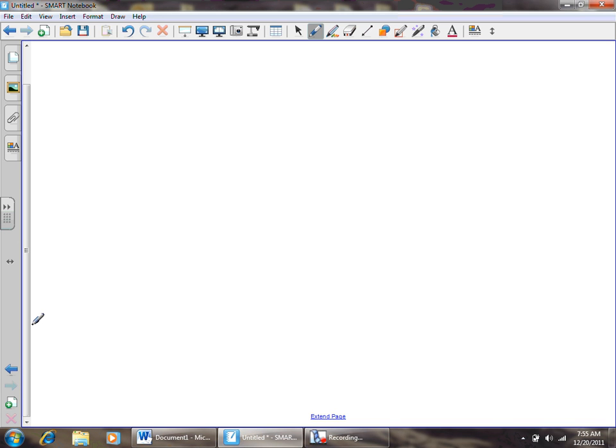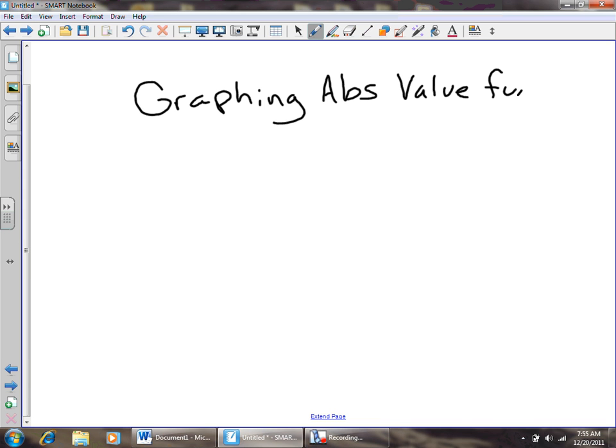All right, the last thing we need to work on is graphing absolute value functions, and that'll include finding the domain and range. And these are real simple.